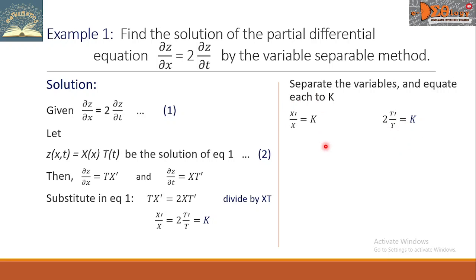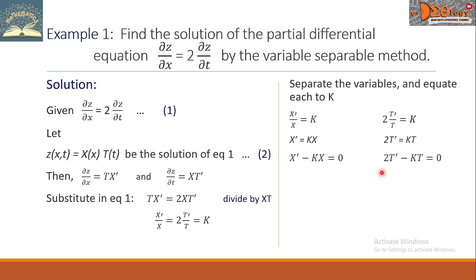On the first equation, we cross multiply the X with K, and this KX we will transpose to the left side. So we have now X prime minus K times X equals 0. On the other equation, we will do the same. This T we will cross multiply to the K, and this KT now we will transpose to the left side.